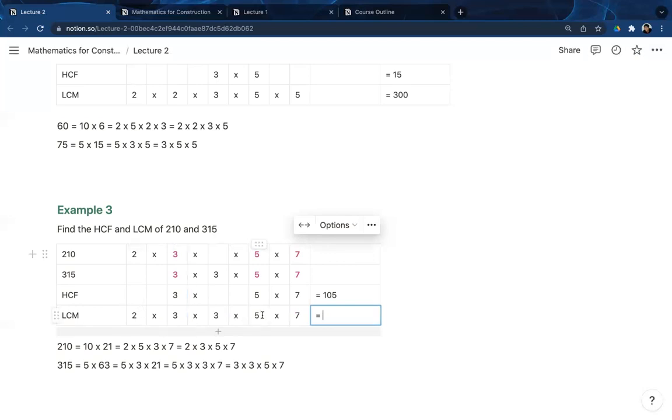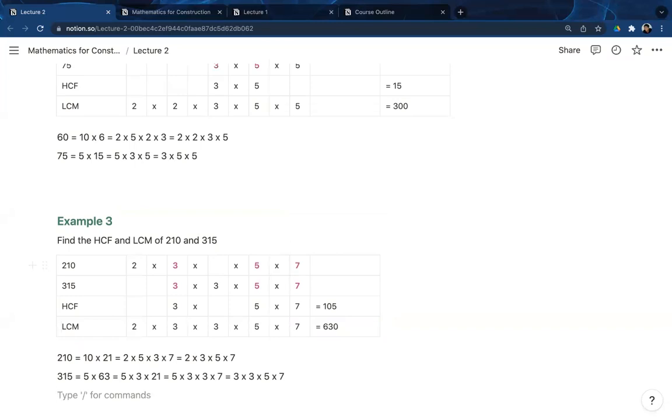We have 3 by 7 is 21, and 21 by 3 is 63, and 63 by 10 is 630. Okay, so that is the LCM there and the HCF.